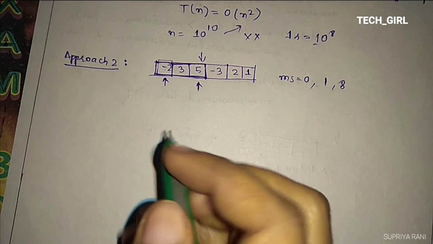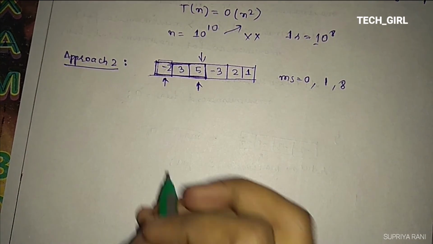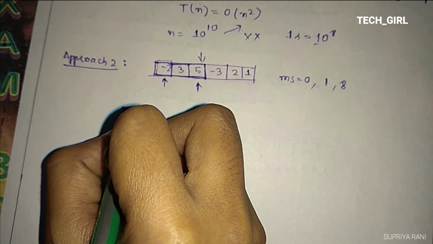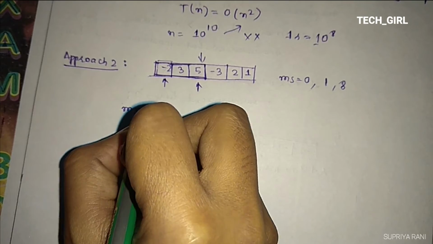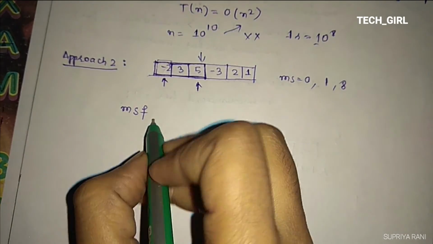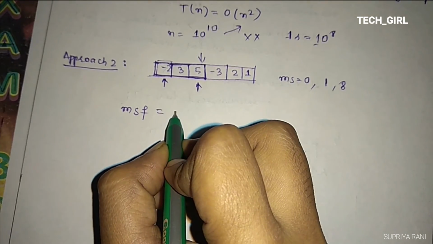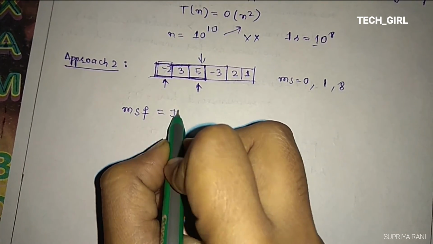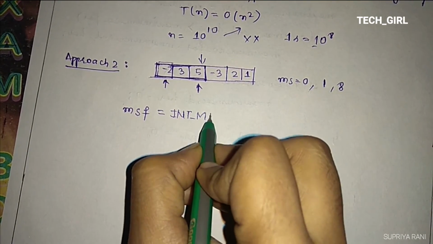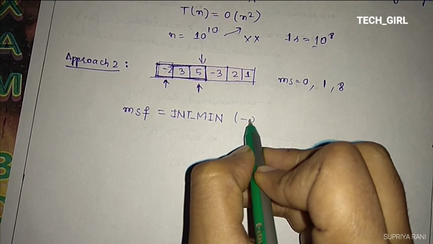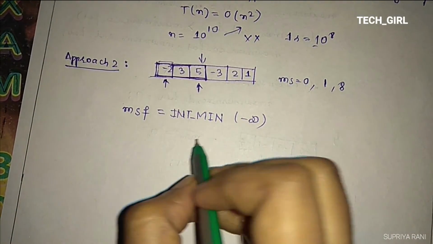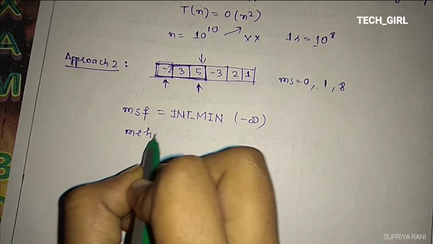Here we will take 2 variables. One is maximum sum so far. Maximum sum so far will be initialized with INT_MIN, I'll take just minus infinity, right? And one will be maximum ending here.